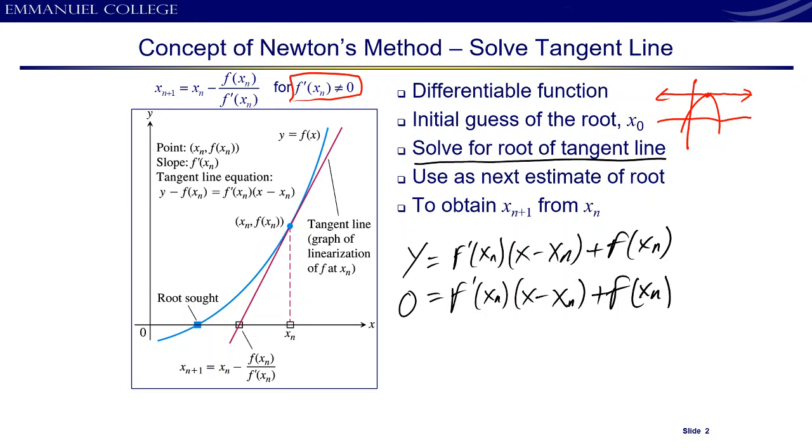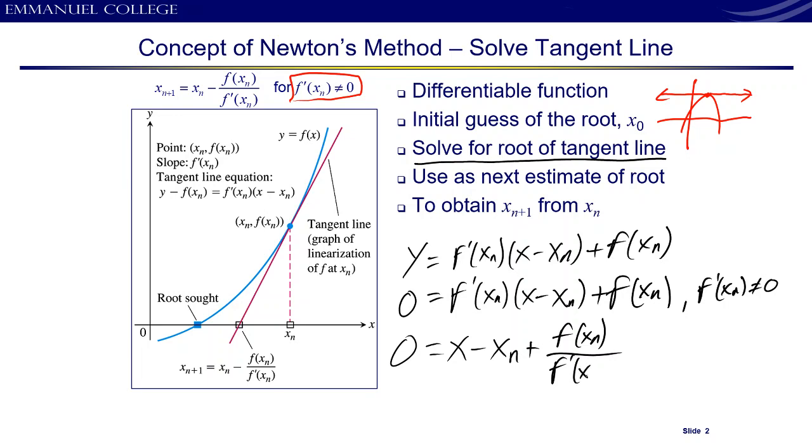I'm going to divide by f prime because we're going to assume f prime of xn does not equal 0. Under that assumption, we should be able to divide. But that leaves me with x minus xn plus f of xn over f prime of xn. Now you can kind of see where it comes from.